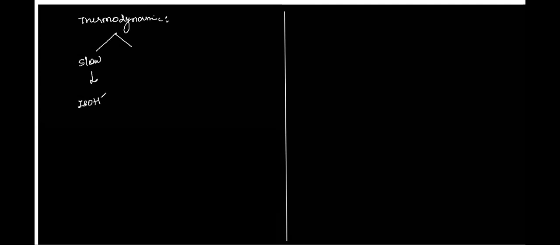If the process is slow, then we take this as isothermal. Why? Because when the process is slow, there is sufficient time for heat exchange. A slow process allows sufficient time for heat exchange.